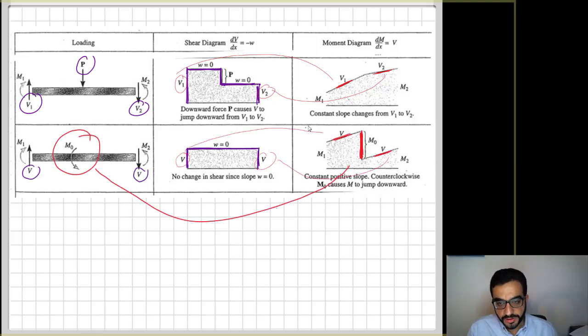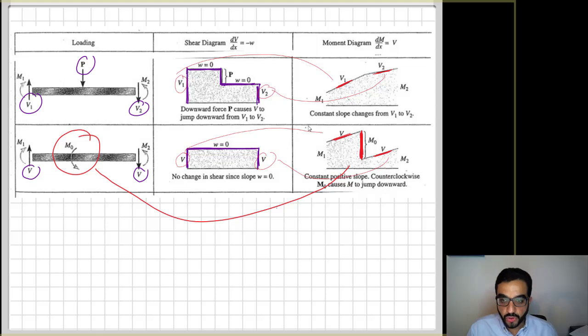For a point moment, you don't have any impact on the shear diagram, but you can see here that if this moment is a counterclockwise moment, I'm dropping the moment value by this point moment value, MO.